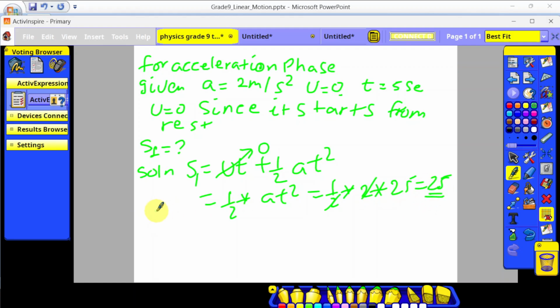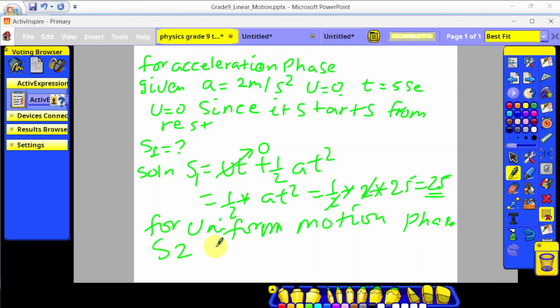The next one is for the uniform motion phase, S2, which is equal to vt, velocity times time. But what's v? v is equal to the final velocity of the acceleration phase.